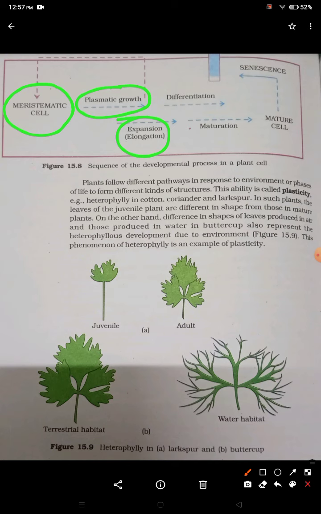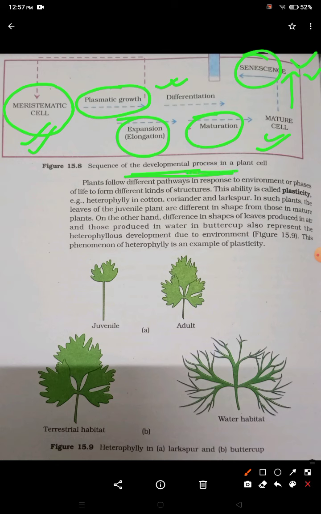After elongation, cell becomes mature and performs specific function, this is known as differentiation. This mature cell undergoes the process of aging, becomes old, this is known as senescence. All these phases from division of cell to senescence we count under the developmental processes.